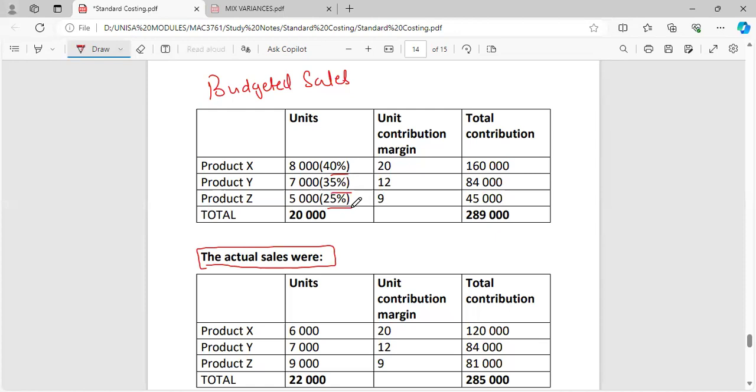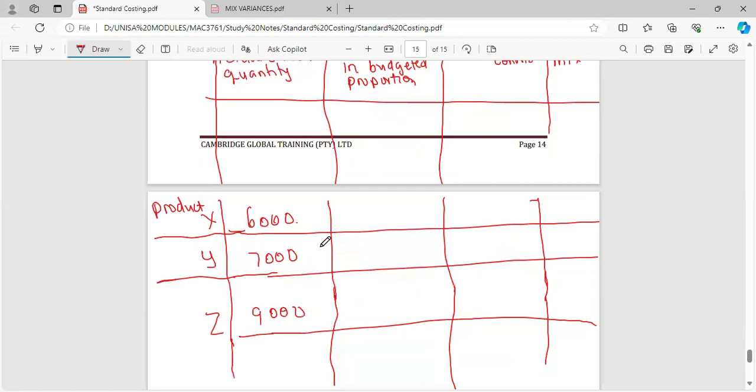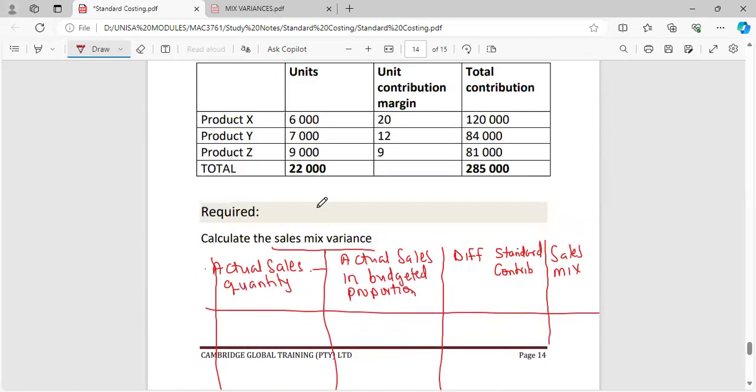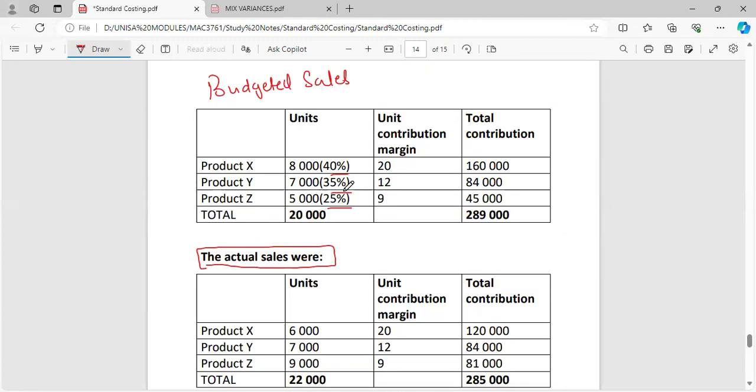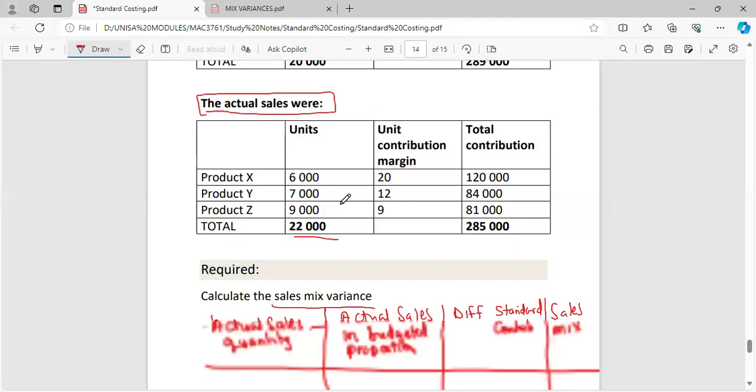So that is going to be our sales mix. Our total actual sales is 22,000, and we want to share this 22,000 so that we can have our actual sales in budgeted proportion.